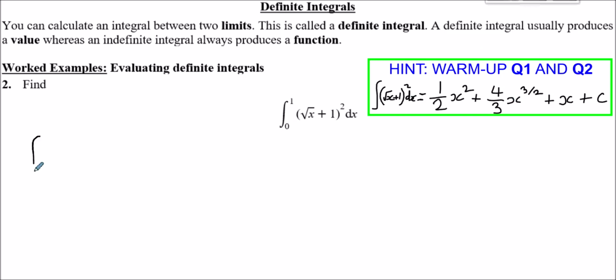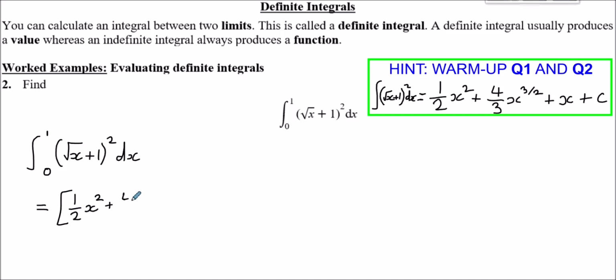So if we integrate between these limits 1 and 0 of root x plus 1 squared dx, we'd write this in square brackets. We'd have half x squared plus 4/3 x to the 3 over 2 plus x.